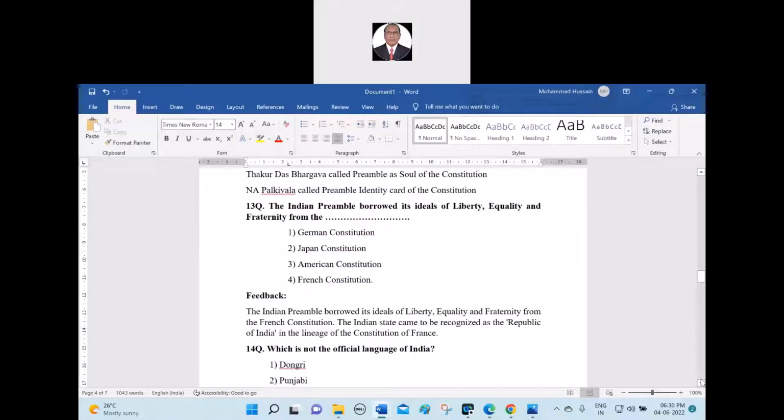And a supplementary question: in the beginning, when the Constitution was being drafted, who were the two members who wanted fraternity to be included at that time?